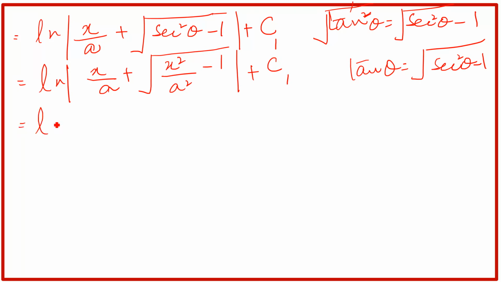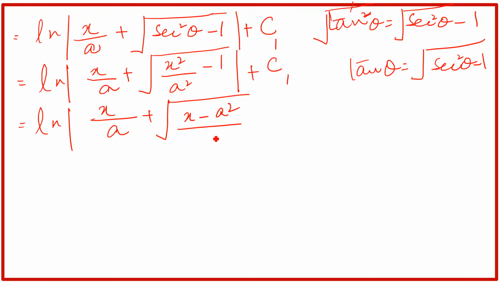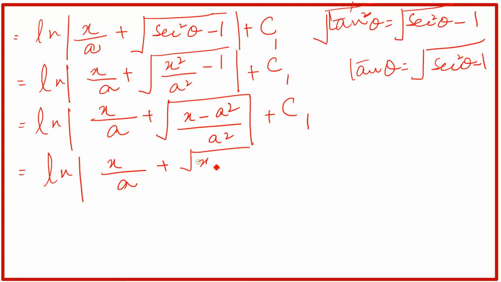So we will take the LCM, which is equal to x square minus a square divided by a square, plus c1. Again, natural log of x over a plus the numerator will remain the same, which is x square minus a square, divided by a. This square will cancel this square root, only a is here, and then plus c1.